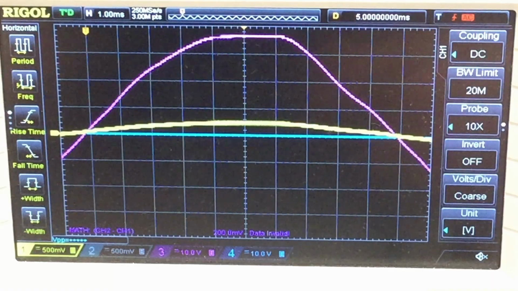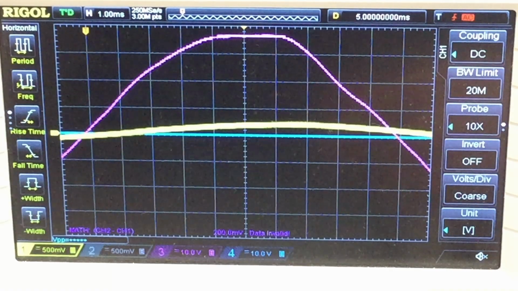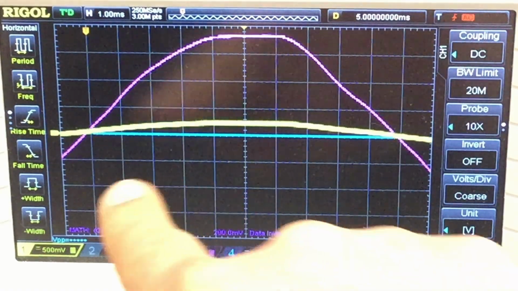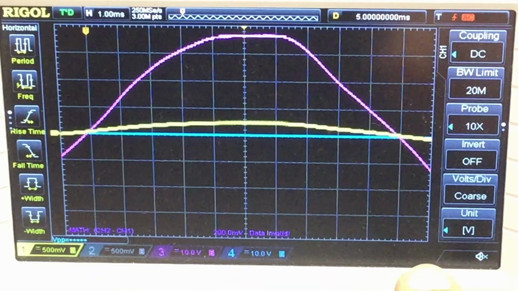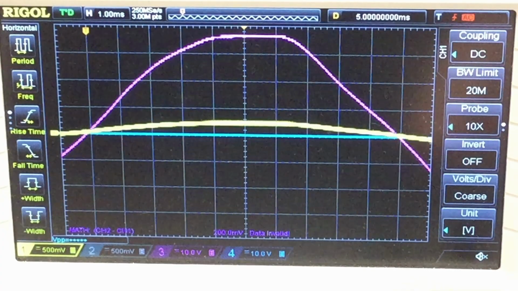If I put in a capacitor, you see there is a phase shift, a slight phase shift in my gate voltage.